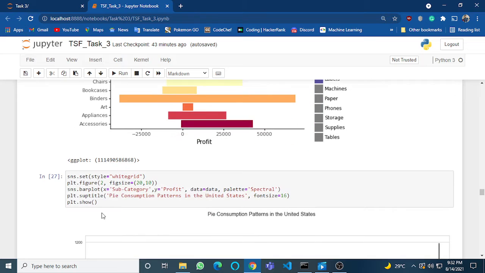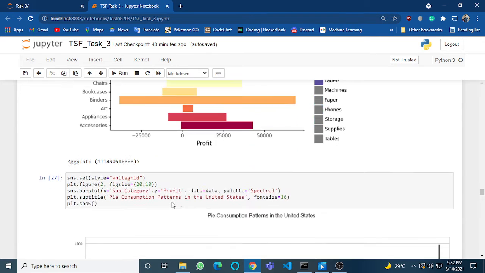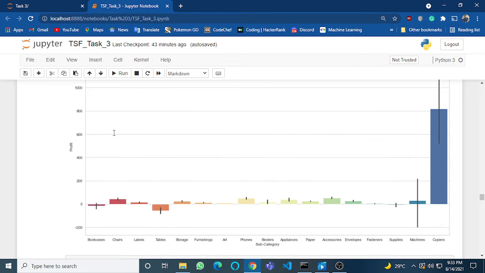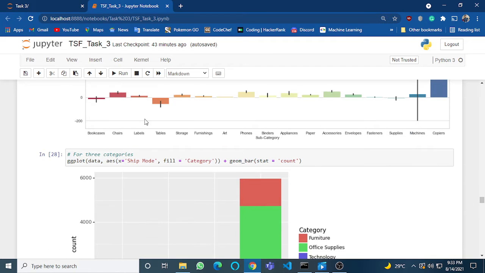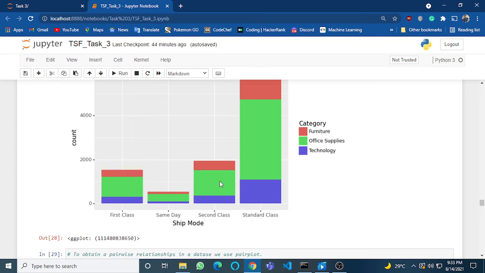Next, I checked out the subcategory suffering from the highest losses, machines, here, and next I have plotted the pie consumption patterns in the United States, and this is the plot of it. And I have done a ggplot on three categories: furniture, office supplies, technology.